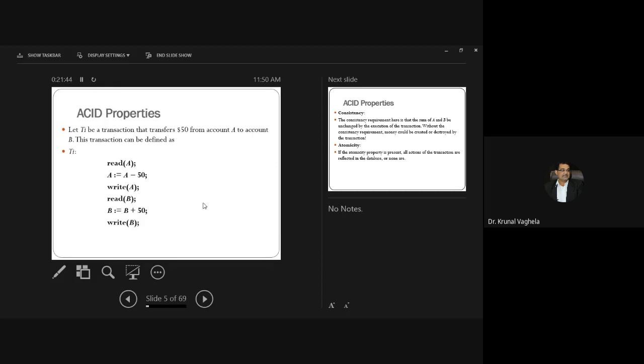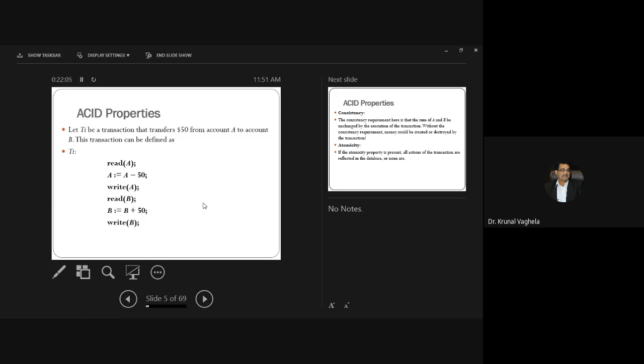A's balance 950, B's balance 1000, as in our earlier example. So the total will be 1950, which is wrong. Why? Because there is a parallel transaction running. This is the property of isolation.